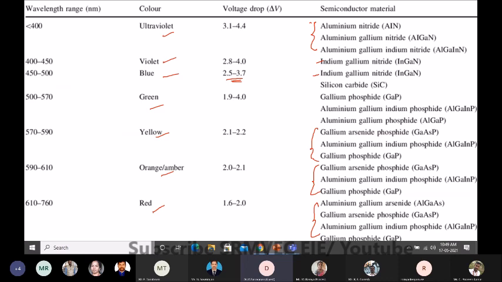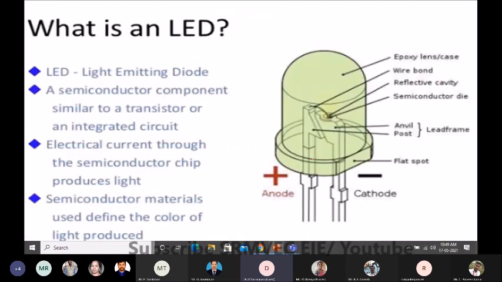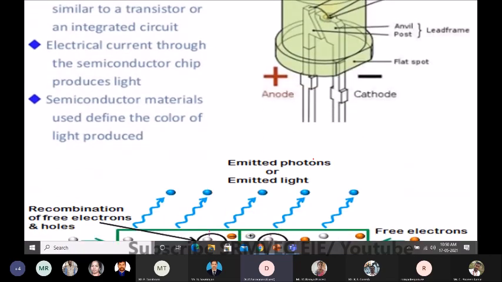To make it visible, we have a special construction: the outermost part is a glass lens so that we can see it with our naked eye, whereas a normal PN junction diode is opaque in nature. Okay, right.